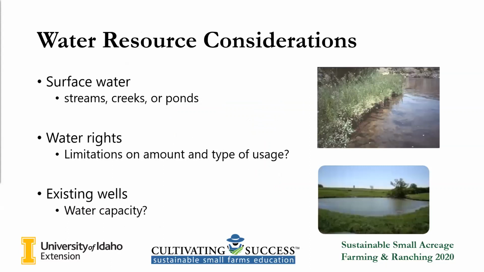So when you're evaluating your site, water is key. You need to figure out how you're going to irrigate your crops, or if you're going to have crops that maybe don't need as much irrigation. That's going to influence your decisions. Do you have surface water that you can access, or maybe you can build a pond? There are also environmental regulations you have to consider when you do that.